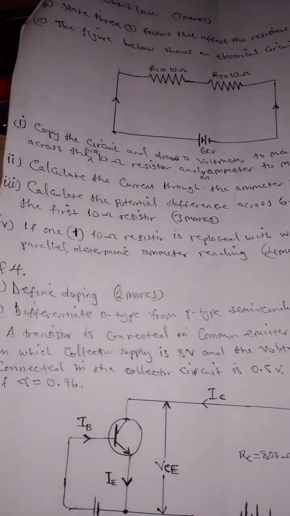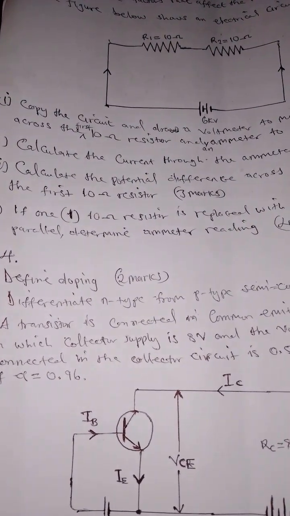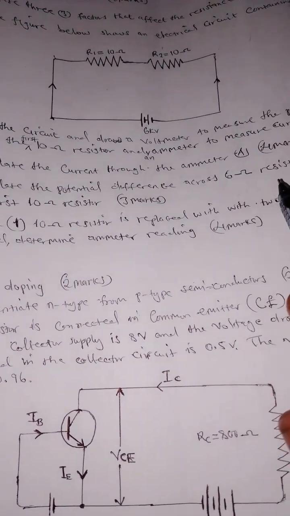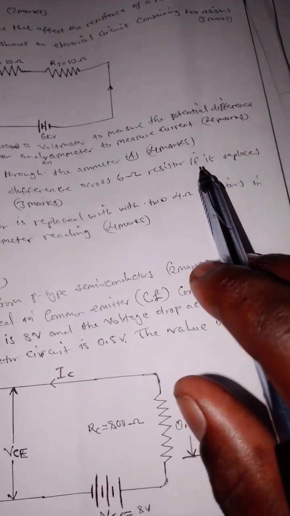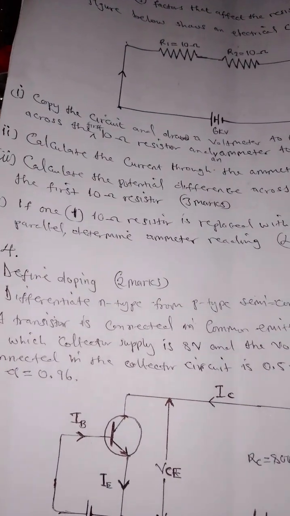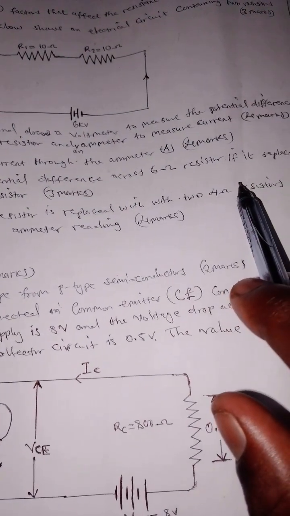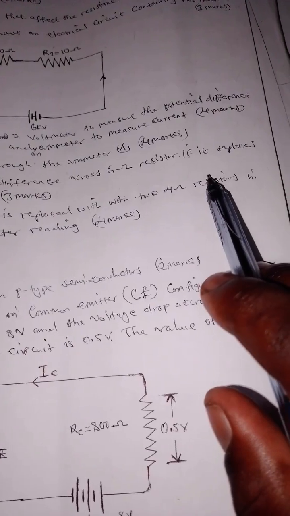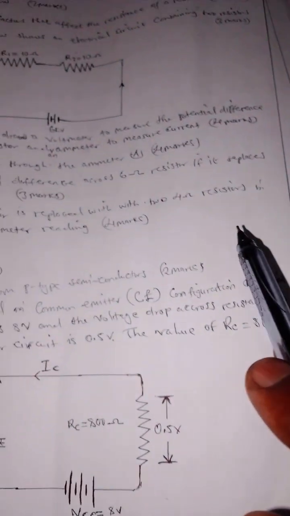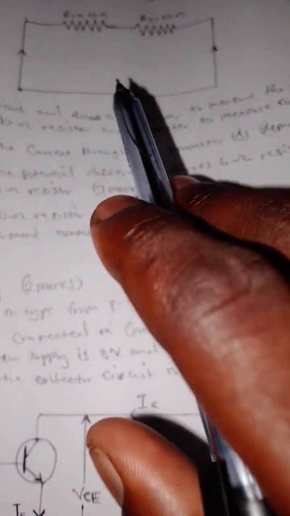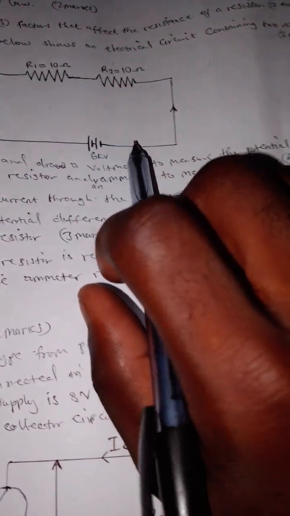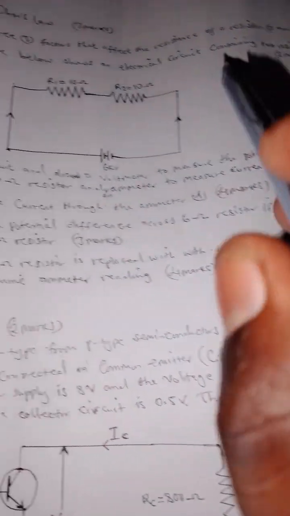So it is saying copy the circuit below and draw a voltmeter to measure the potential difference across the first 10 ohms resistor and an ammeter to measure current. We are going to draw. So this is the format.